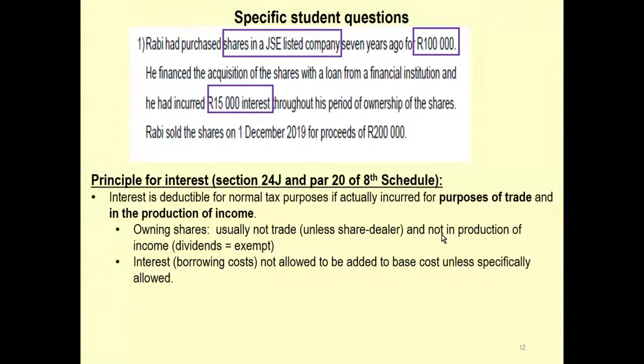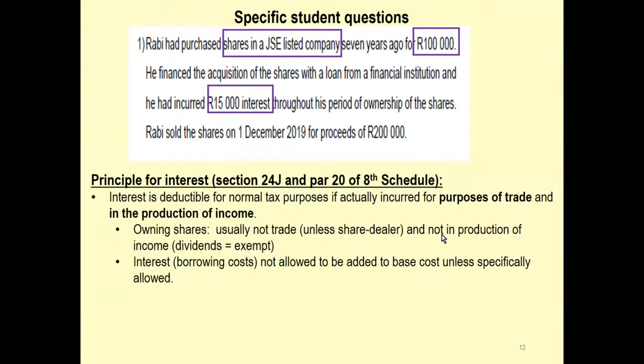The problem with the scenario we have over here is we have a natural person that owns shares in a JSE listed company. That usually is not a trade. Only a share dealer, somebody that speculates with shares as trading stock, will have a trade if they buy shares in companies.